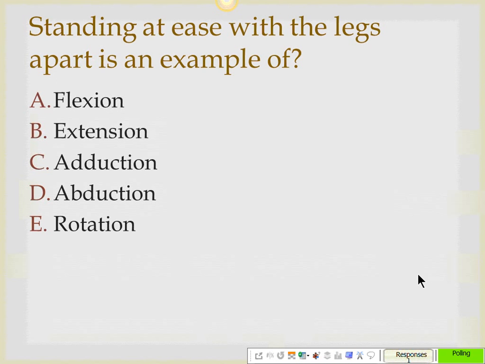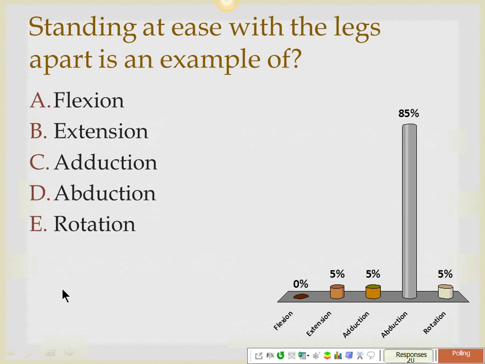So how about this? Standing at ease with the legs apart. What is this an example of? Abduction, yes, very good.